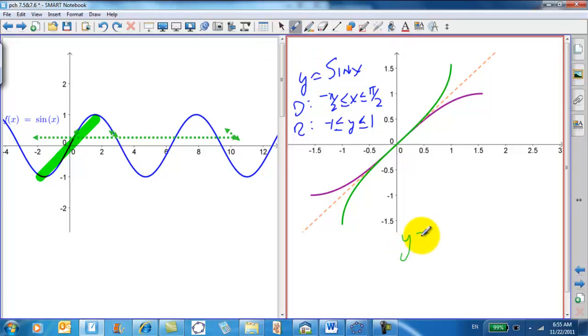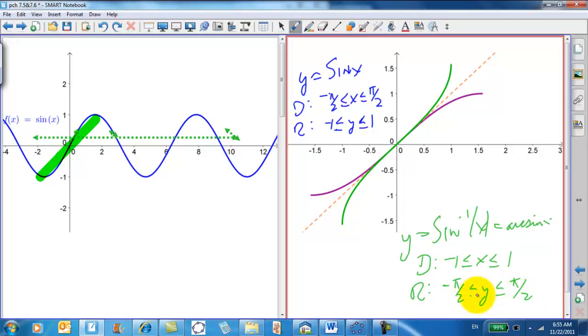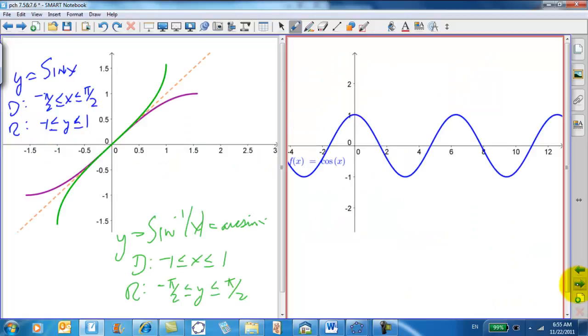Its inverse, though, y equals the inverse sine of x, otherwise known as the arc sine of x, has a domain between these two values: negative 1 less than or equal to x less than or equal to 1, and the range is negative pi over 2 less than or equal to y less than or equal to pi over 2. Now, with the cosine, similar problem. When we try and test it with the horizontal line test, it flunks the horizontal line test.